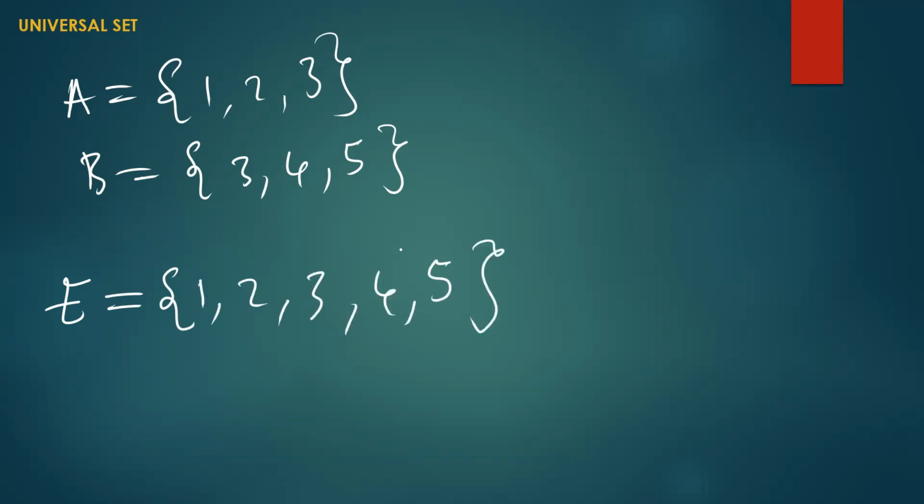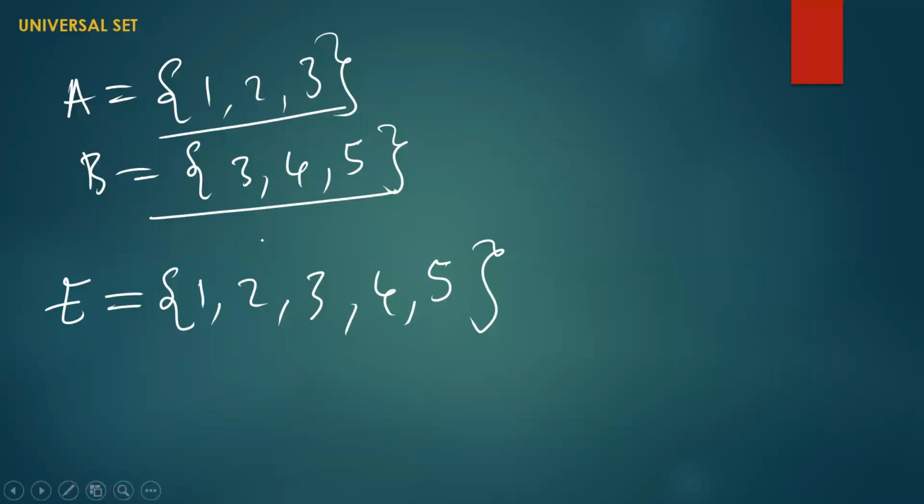As long as it contains all the elements in set A and in set B, then we call that set the universal set. Some books define the universal set as the set that contains all the elements in all the given sets, including itself. So what does that mean? That implies the universal set can even have some elements that are not in the given sets.